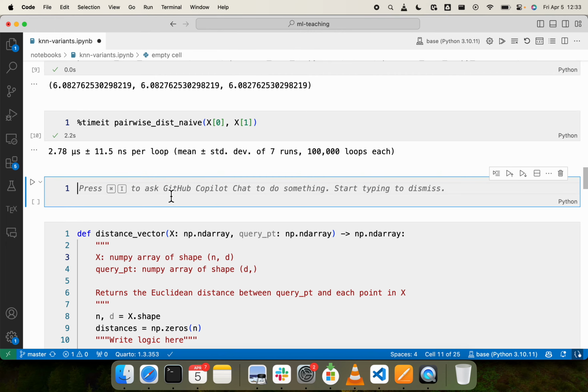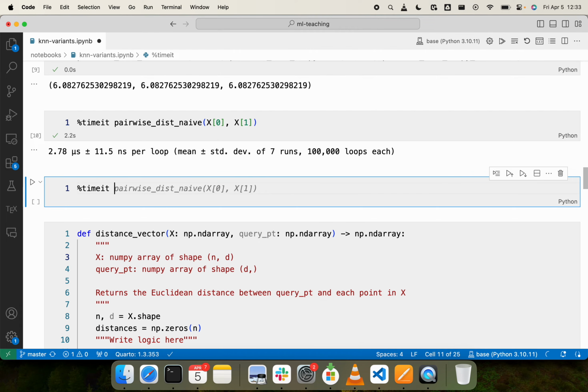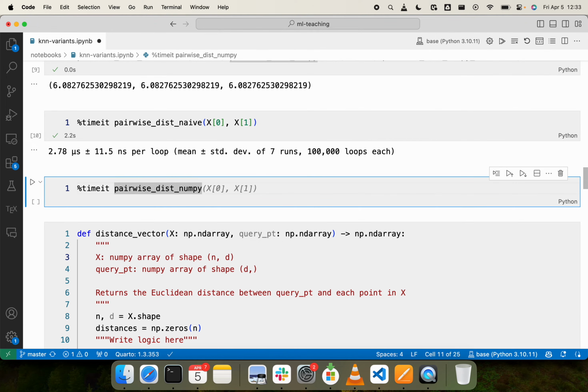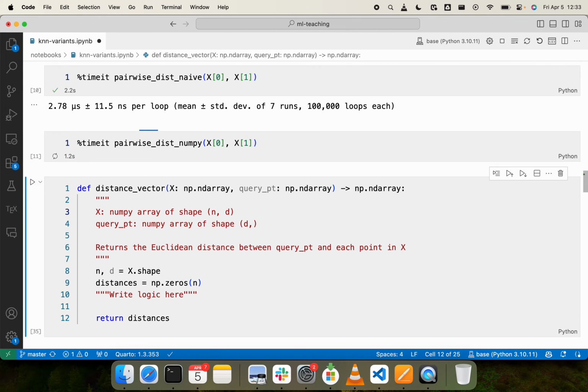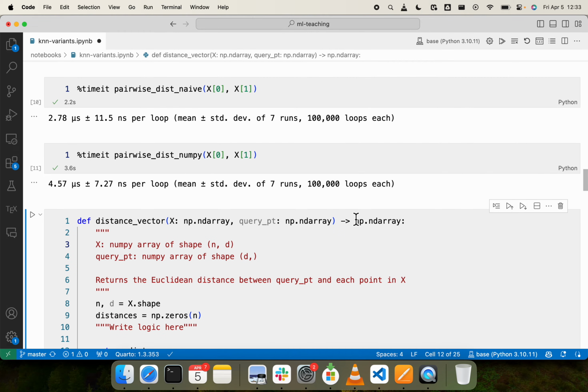.78 microsecond. What happened? The NumPy version seems to be slower. Is the laptop giving you wrong numbers?